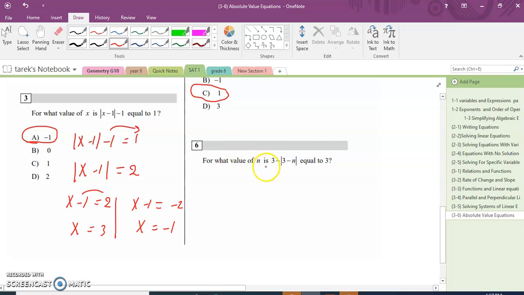For what value of n is this equal to 3? Let's solve it. Take the 3 to the other side. It will be negative 3 minus 3, which is 0.